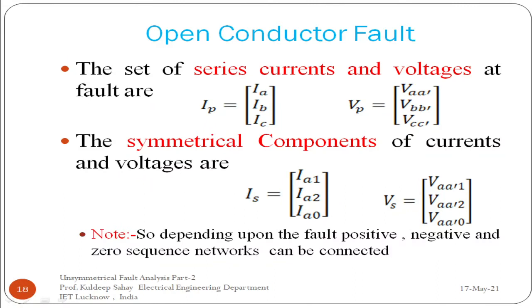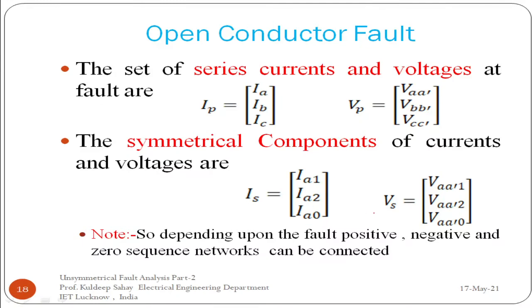So the set of series currents and voltages at the fault point: IP in terms of phase currents is IA, IB and IC, while VP is VAA dash, VBB dash, VCC dash, and the symmetrical components of current are IA1, IA2 and IA0.